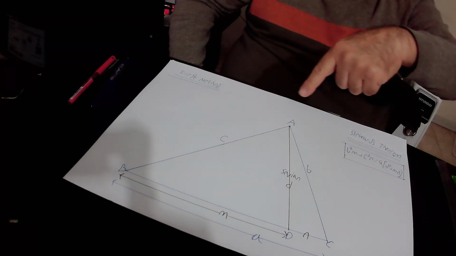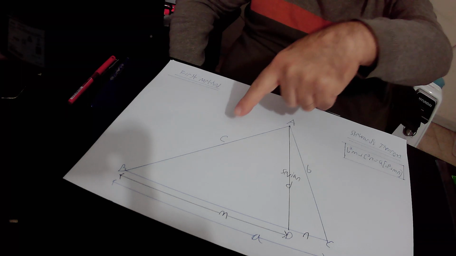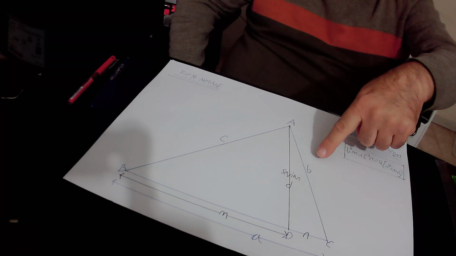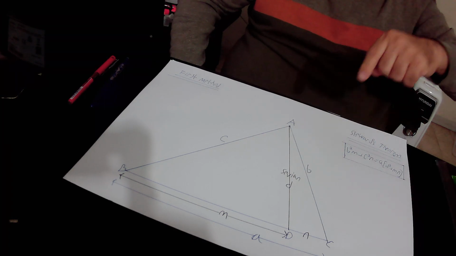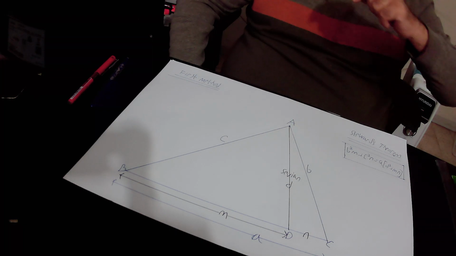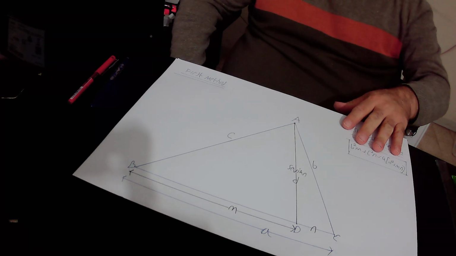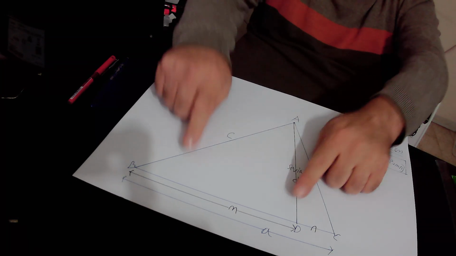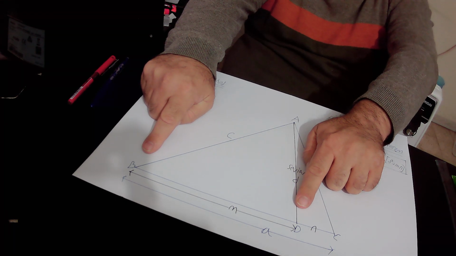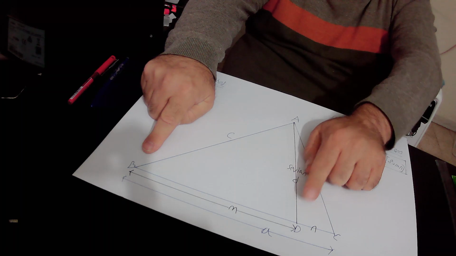The length of side AB of triangle ABC is C units. The length of side AC equals B units, and side BC equals A units in its length. In addition, we know that line segment BD equals M units in its length.